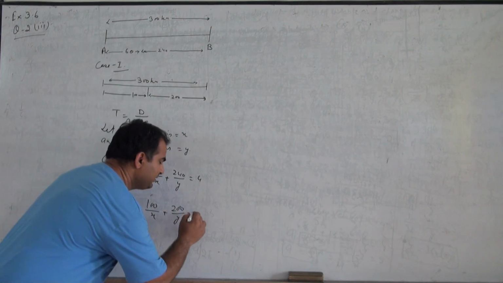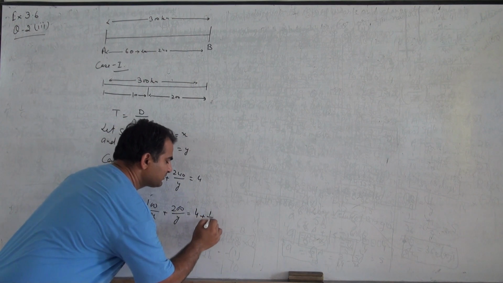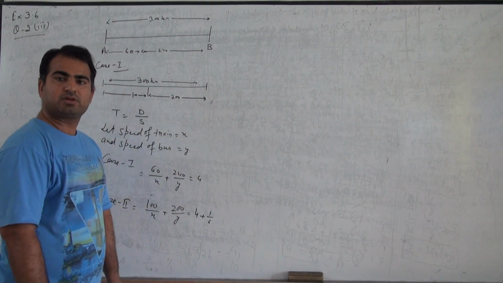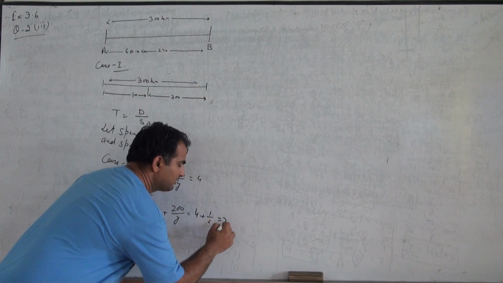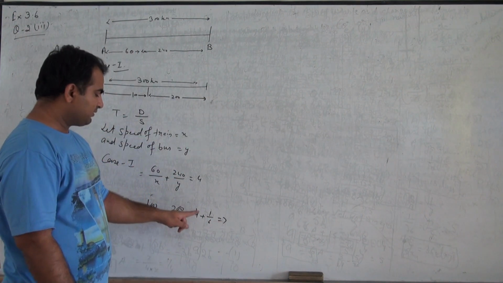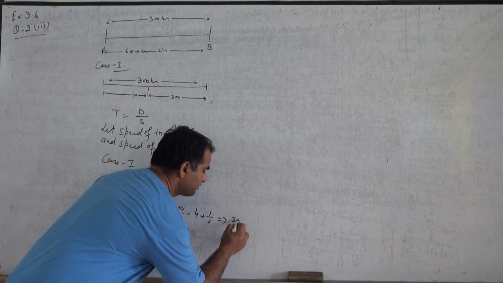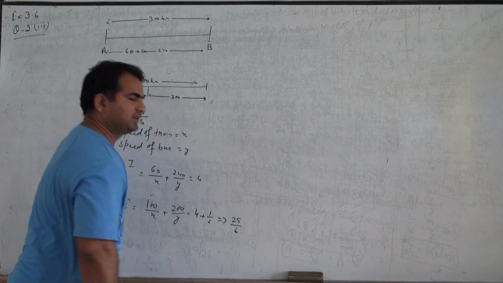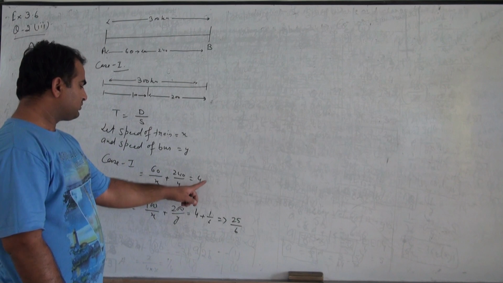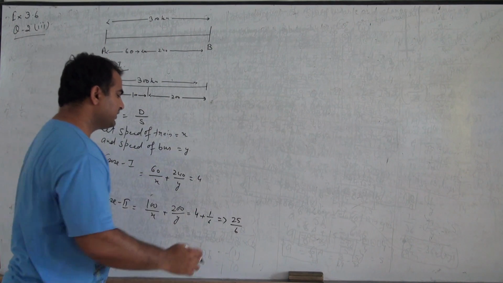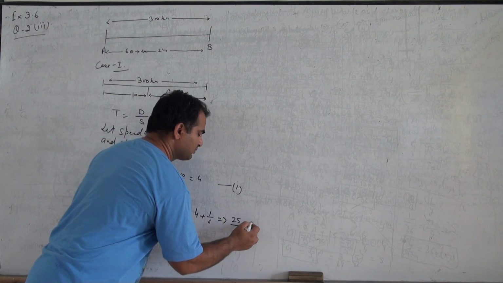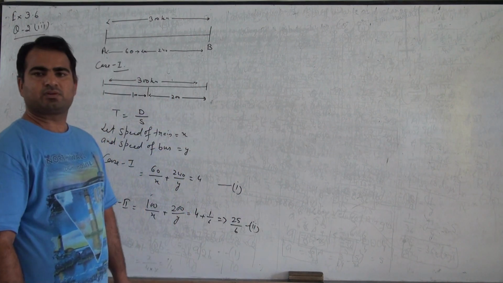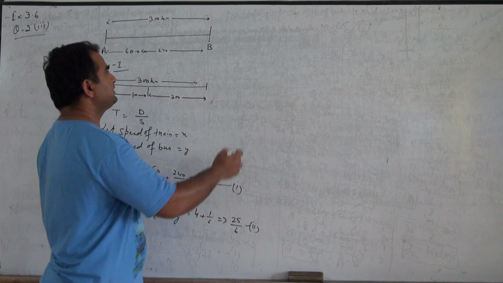So the total time will be 4 hours plus 1 upon 6 hours, which is 25 by 6. Done. Now we have the two equations, equation number 1 and equation number 2.